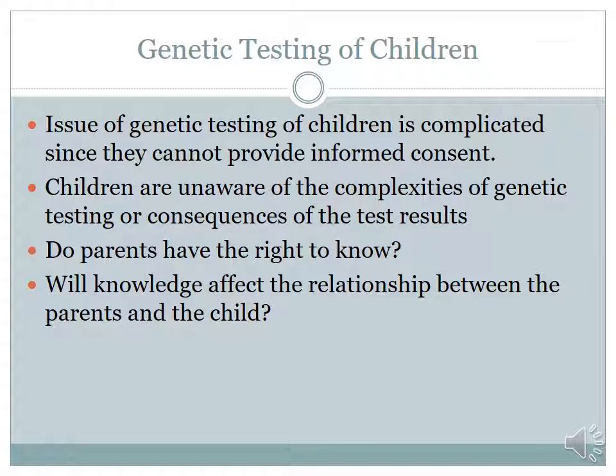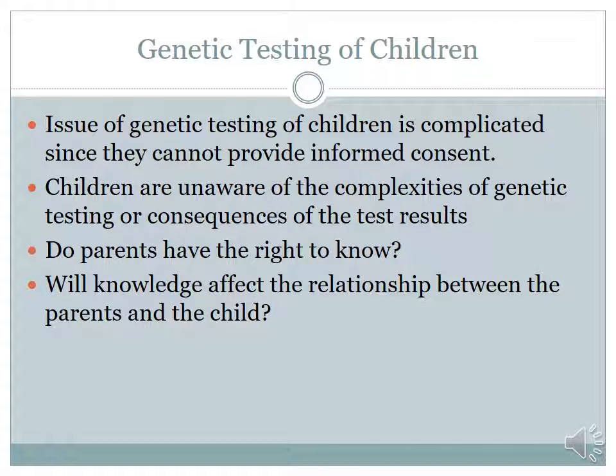It has been suggested that testing be deferred until a child is sufficiently mature to provide informed consent. This may be a problem if the child becomes sexually active and runs the risk of transmitting the condition of concern to offspring before they are sufficiently mature to determine when or whether they will be tested themselves.